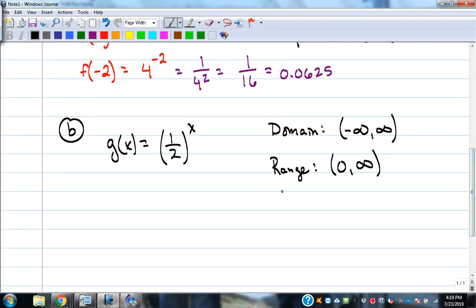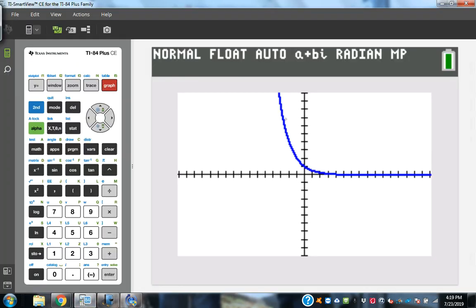This one would be called exponential decay because it goes down and to the right. So when you look at that graph, it's getting smaller as you move to the right. It looks like it flattens out, but it's actually just getting smaller and smaller until you can't see the space between the blue line and 0. So this is exponential decay.